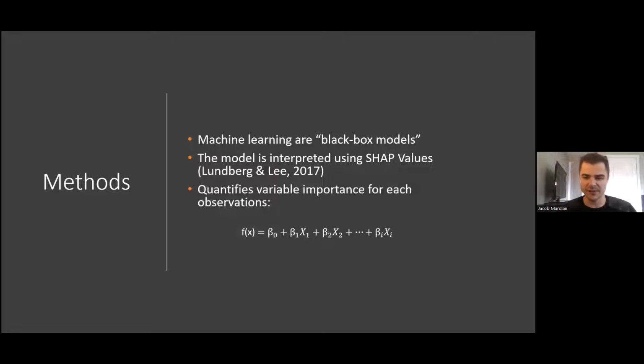So we use SHAP values, which is a technique to reverse engineer any machine learning model and open up that black box and see what's inside and really understand why predictions are made. So this technique does this by quantifying variable importance for each observation.